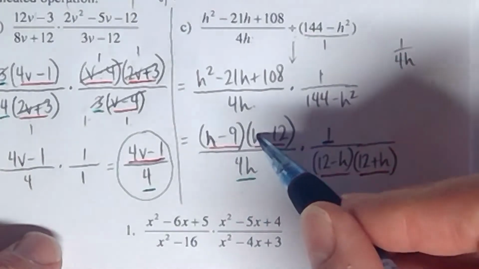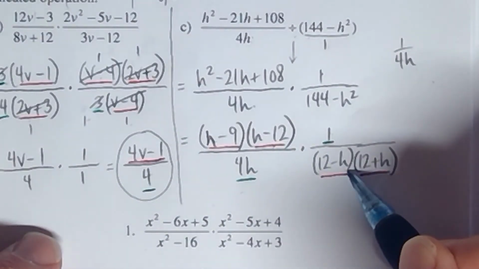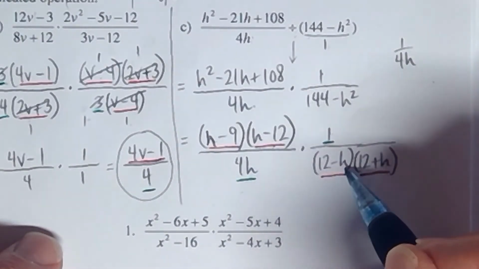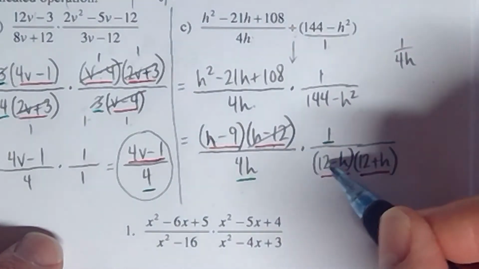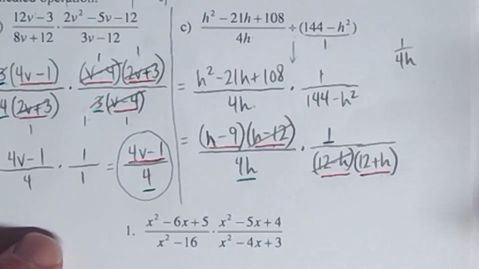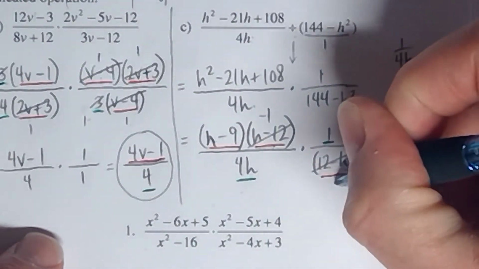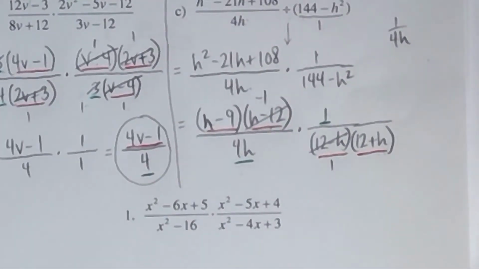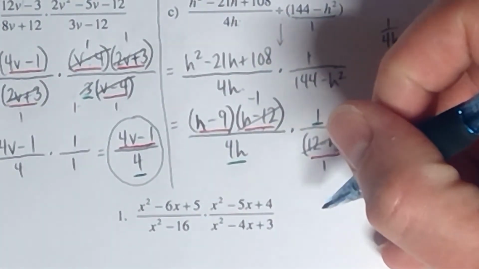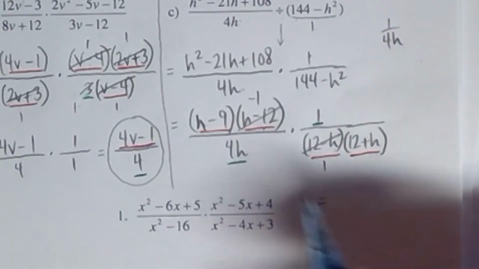But you can cancel if both of them have the opposite sign. Positive h, negative 12, positive 12. In that case, you can cancel, and it becomes negative 1 and 1. Negative 1 and 1. Okay? And so, what does that become here?